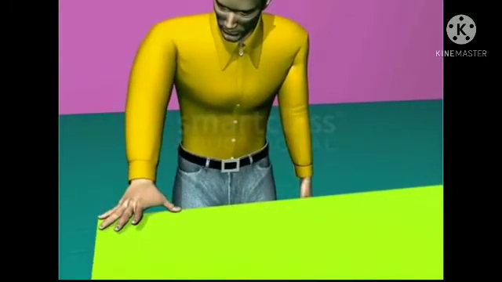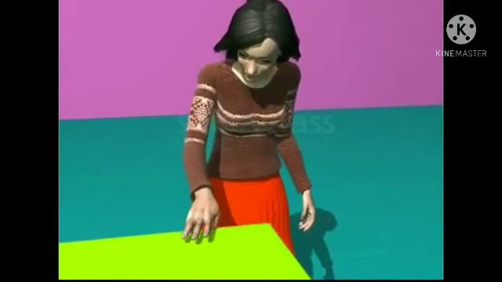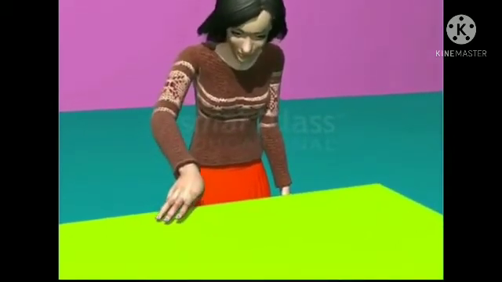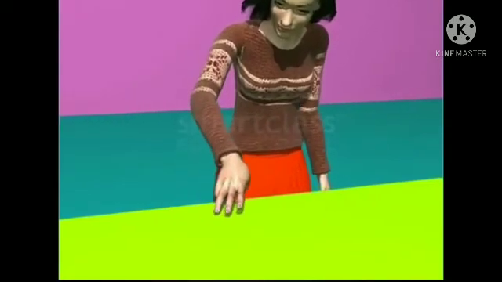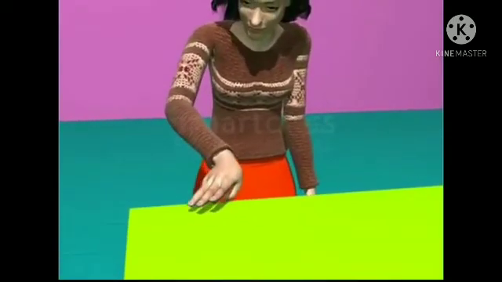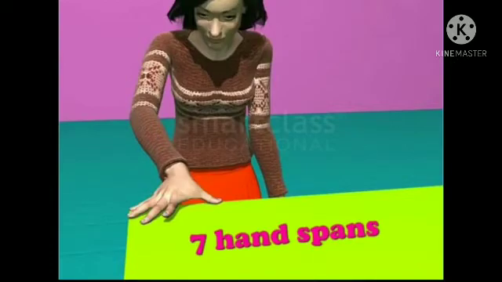He tells us the length of the table is 5 handspans. Now, Shita tries to measure its length using her handspans. She tells us the length of the table is 7 handspans.